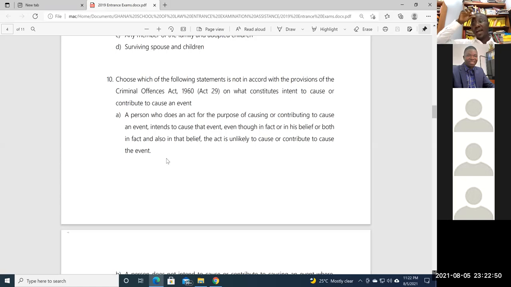And we have various types of mens rea, and intent is one way by which we determine that one had the requisite degree of mental state. So with respect to causing an event, certain indications have been provided in the Act 29. So there's a provision on it. So what provision governs that?